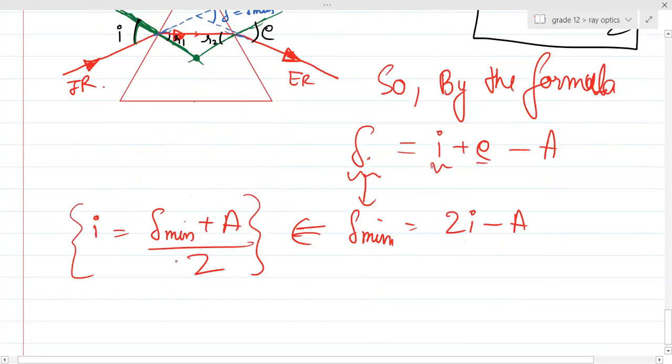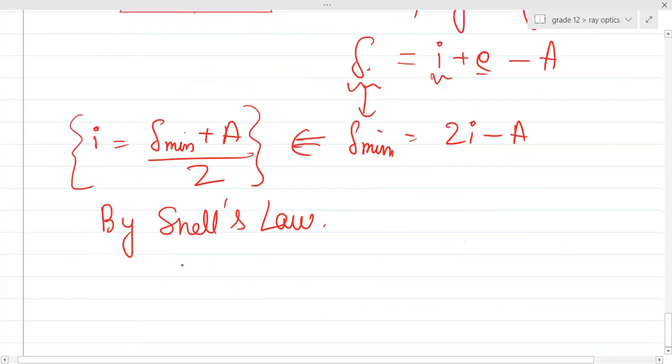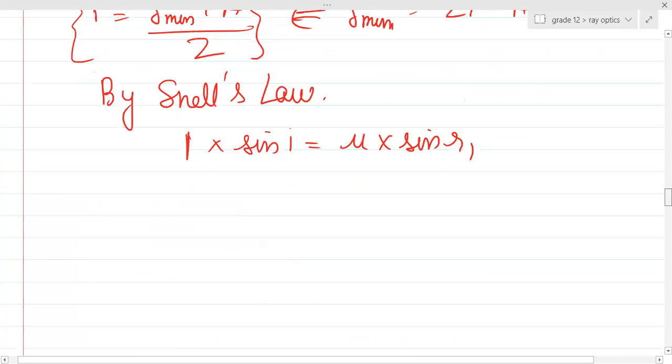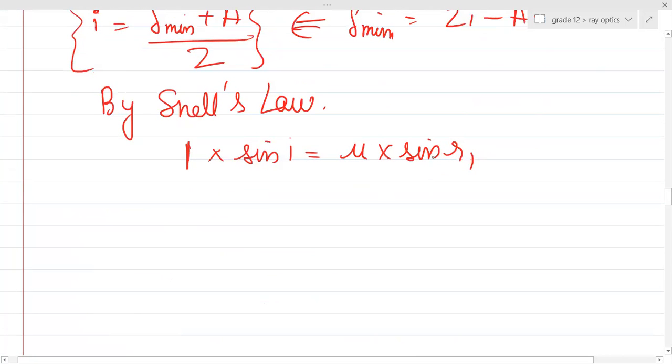Yes, sir. If I can write it like this, now by Snell's law, apply Snell's law on any one of the surfaces. Guys, can you apply Snell's law on any one of the surfaces? 1 into sine I is equal to mu into sine R1, and R1 is basically equal to what? A by 2, right?